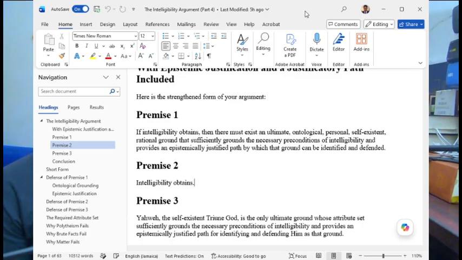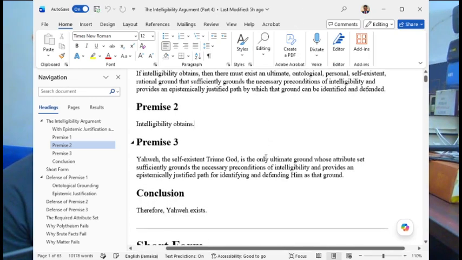P2: Intelligibility obtains. P3: Yahweh, the self-existent triune God, is the only ultimate ground whose attribute set sufficiently grounds the necessary preconditions of intelligibility and provides an epistemically justified path for identifying and defending him as that ground.